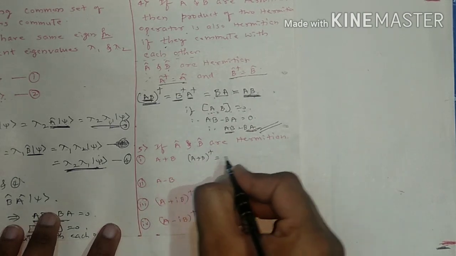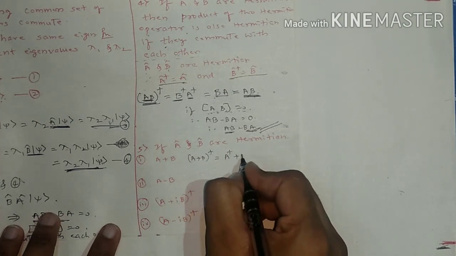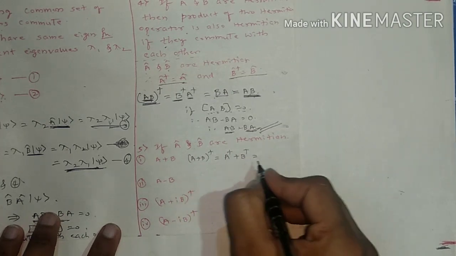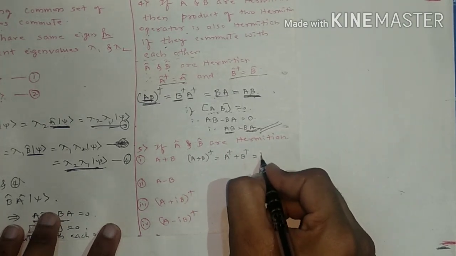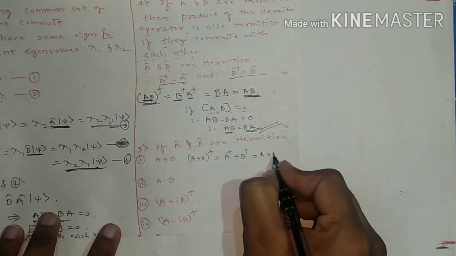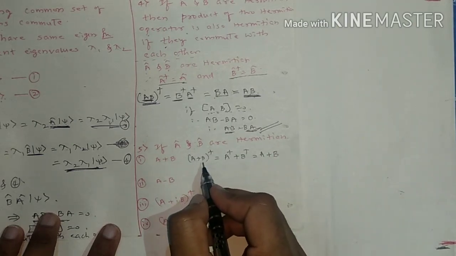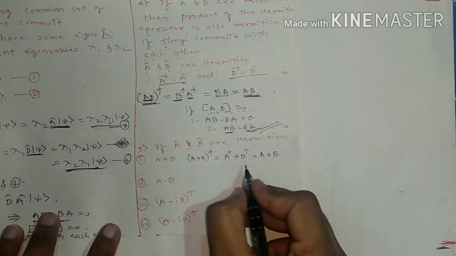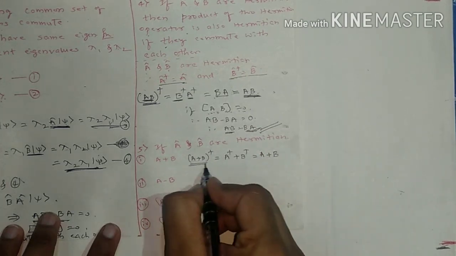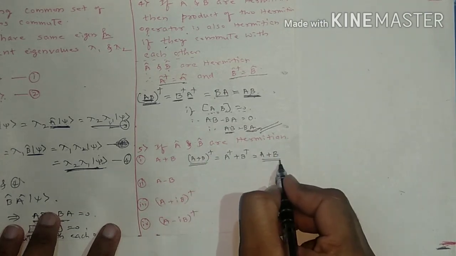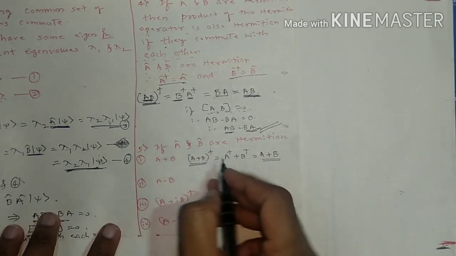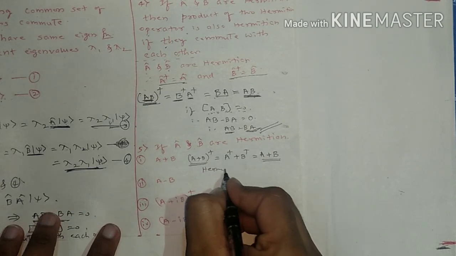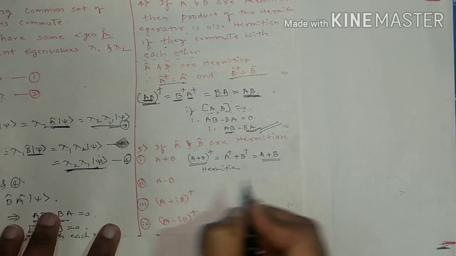So that will be equal to A dagger plus B dagger. A dagger will be equal to A and B dagger will be equal to B, because A and B are Hermitian. It is given. So that's why (A plus B) dagger is equal to A plus B. That means A plus B is Hermitian.